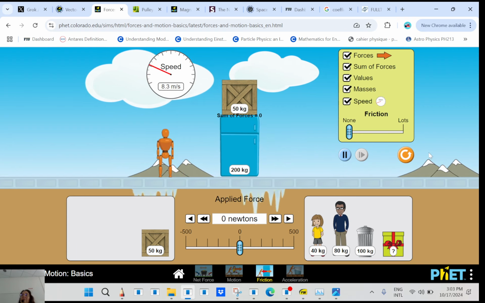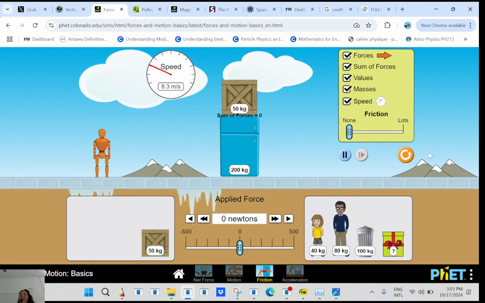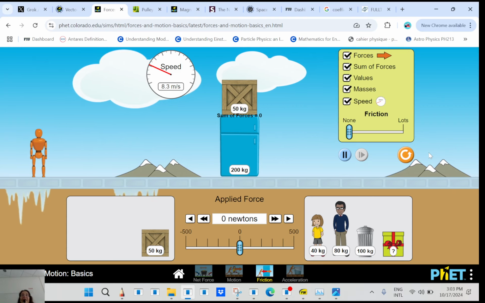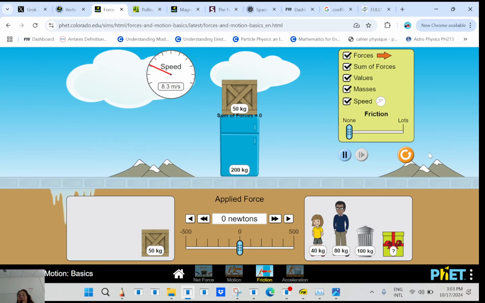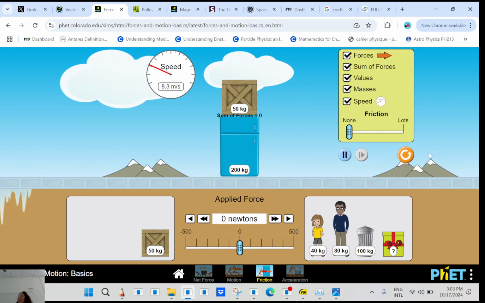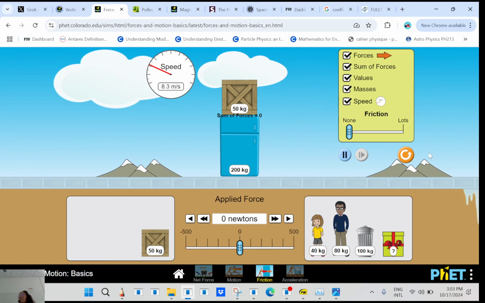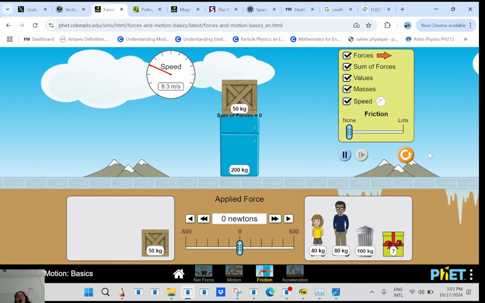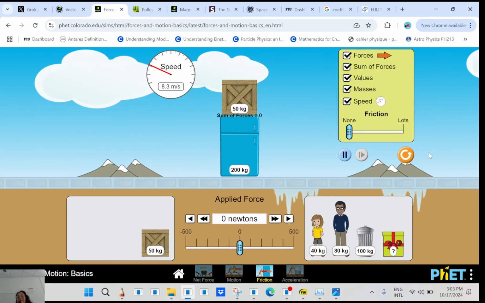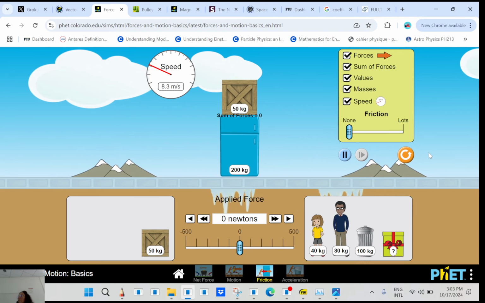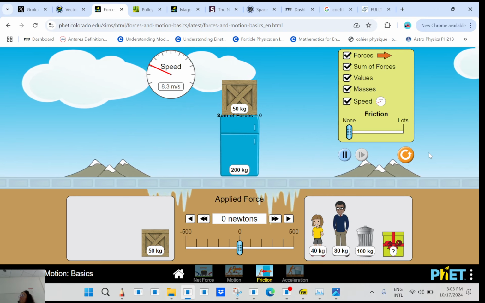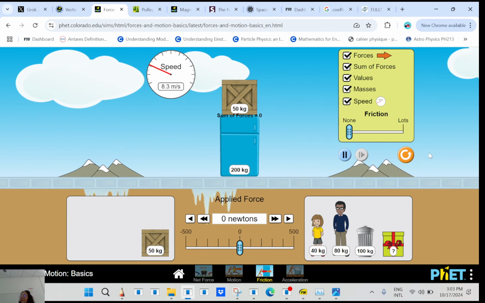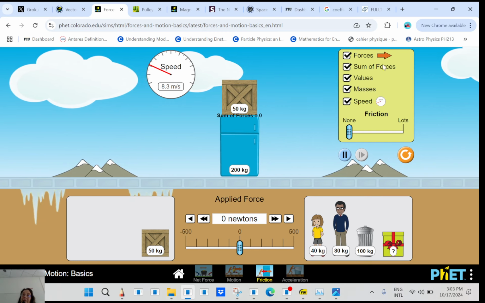Once I let go, it will keep moving in the same direction at the same speed forever after. So it's a misconception to think that you need a force for something to keep moving. It wants to keep moving, right? The only reason it's going to stop moving is because of friction, so there is a force acting on it. Otherwise, anything wants to keep moving at the same speed in the same direction.